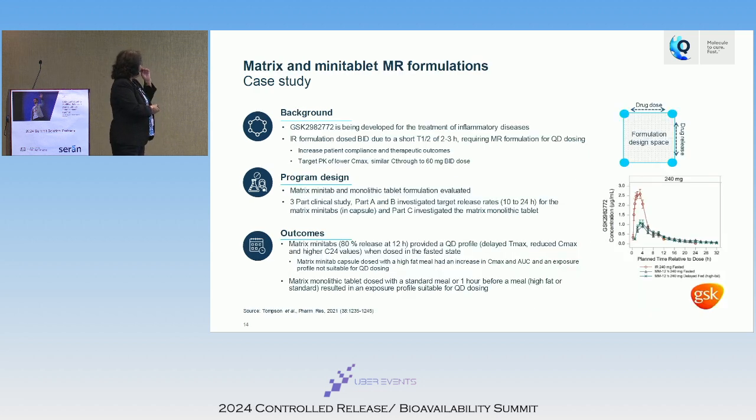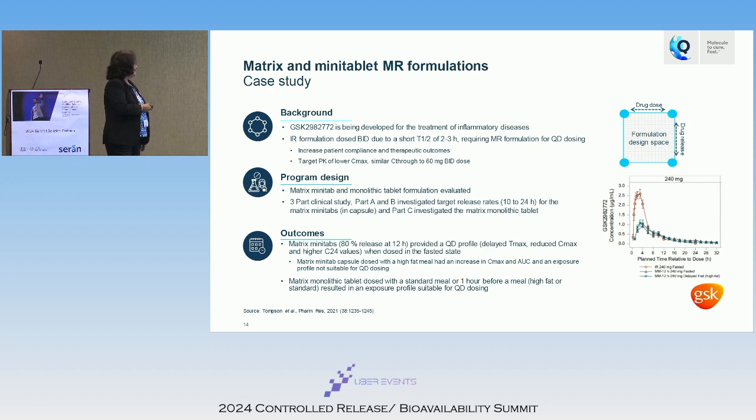This is another case study where, in this particular situation, the compound again had BID dosing. They wanted to remove the Cmax related problems and then try to match the C trough levels to the 60 milligram BID dose. And so in this case, they didn't want to stick with one platform. They wanted to evaluate matrix mini tablets as well as monolithic matrix tablets. And so that space was designed for both those platforms.